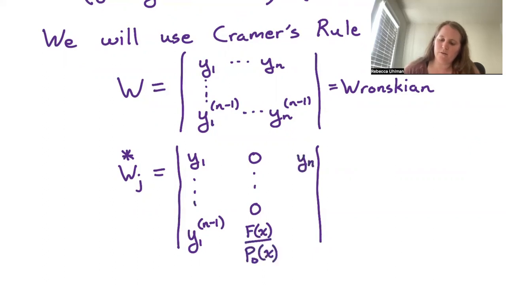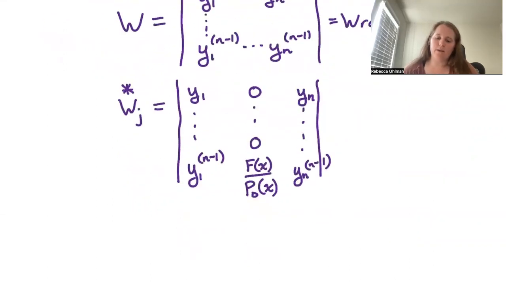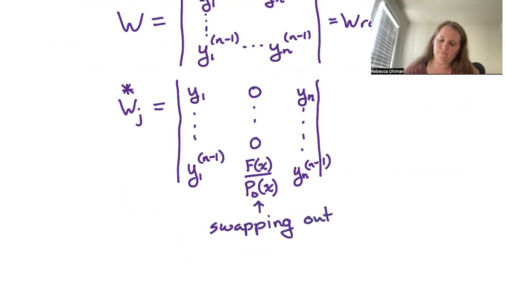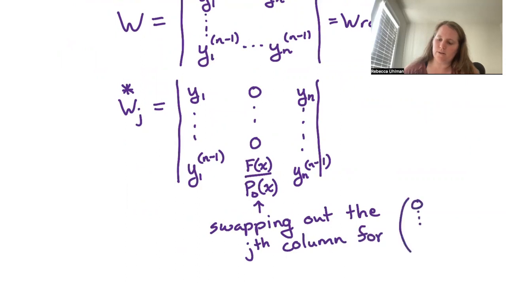And then we have our yn through the n minus first derivative of yn on the right hand side. So again, this is swapping out the jth column for our target solution, the zero vector with f of x over p0 as the very last entry.